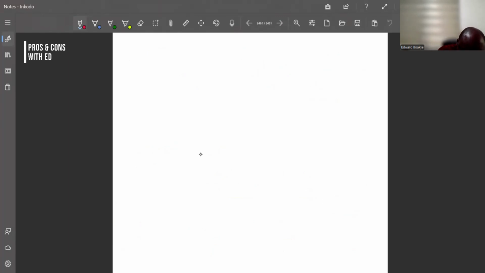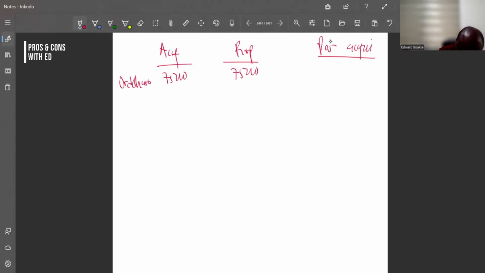So we have acquisition, reporting, and then post-acquisition. So ordinary shares, we have 75,000, 75,000, and then a dash here. Then our retained earnings, we have 110,000, and then 150,000, and 40,000.